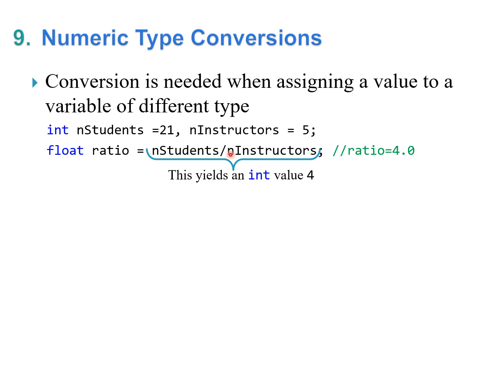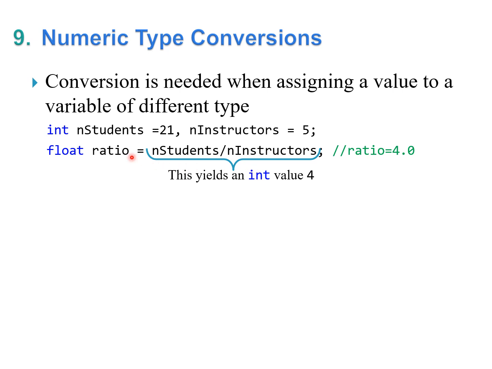So the division of nStudents by nInstructors yields the int value 4, which is the quotient of 21 divided by 5. So in this case, you don't get the value 4.2 for the ratio.